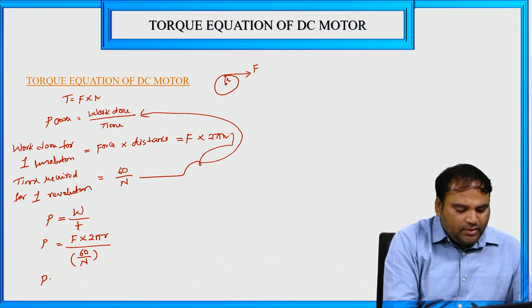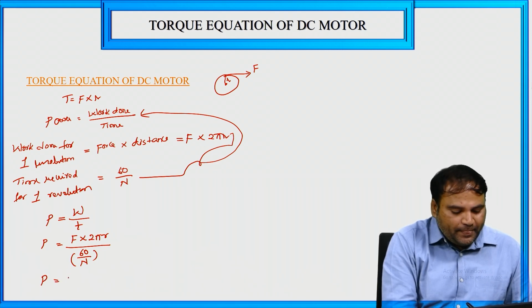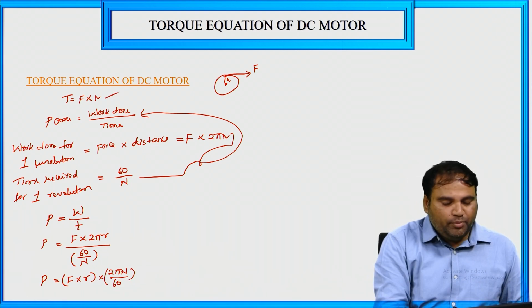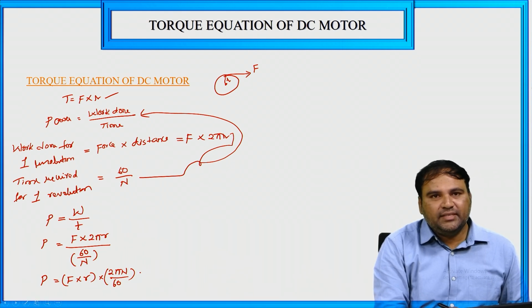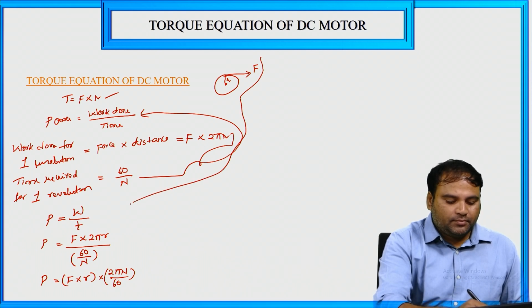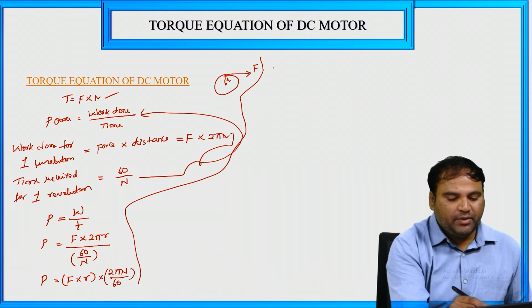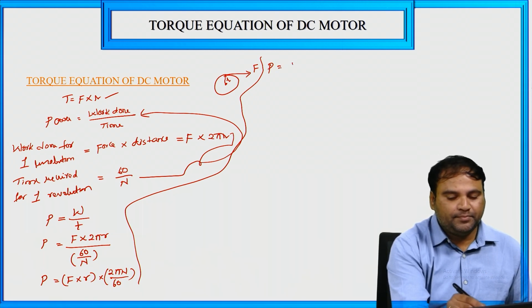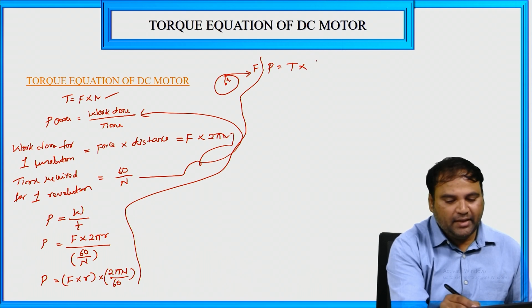Then P equal to F into R into 2 pi n divided by 60. Here F into R is nothing but torque, and 2 pi n by 60 is nothing but angular frequency, that is omega. So power P equals torque into 2 pi n divided by 60.